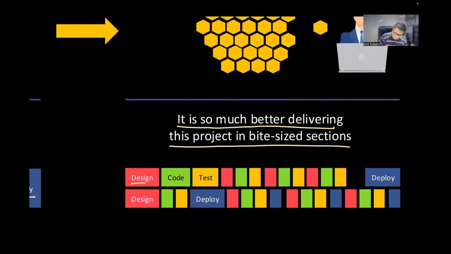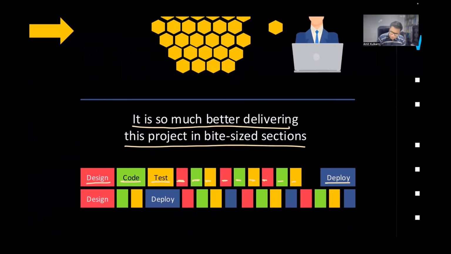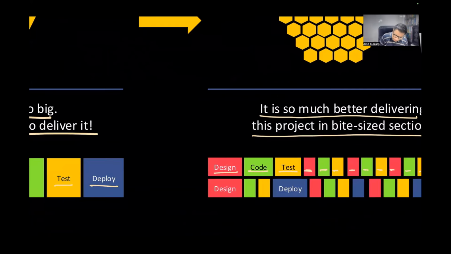You take a small portion, design it, code it, test it. Again, take the next set of requirements, design them, code them, test them, and repeat till you are done. And towards the end of it, you go for deploying the whole application. This is what agile says.